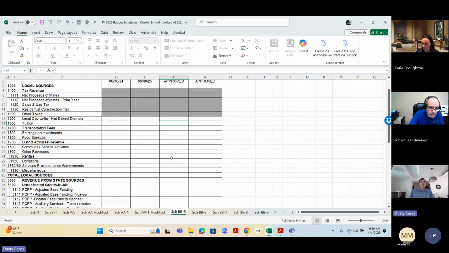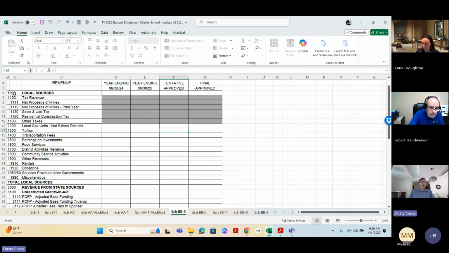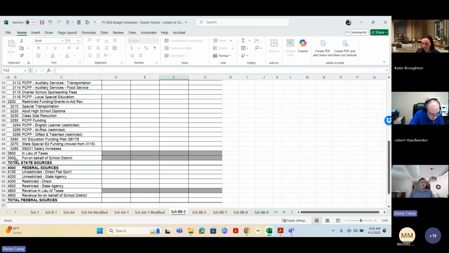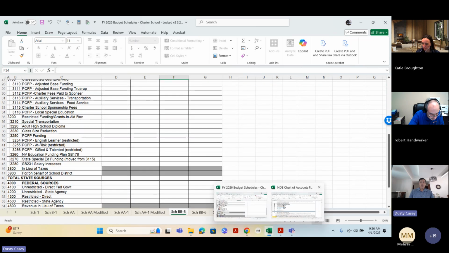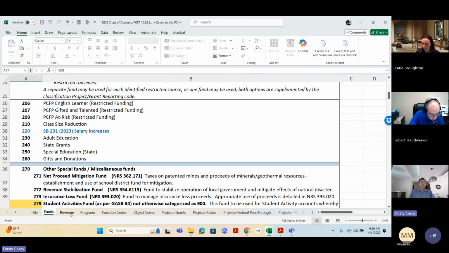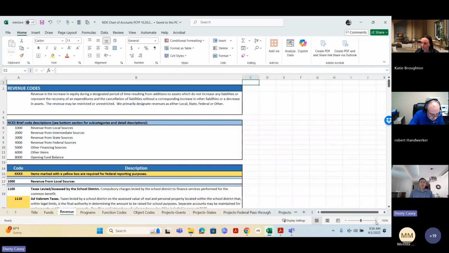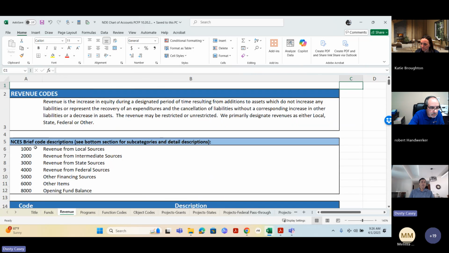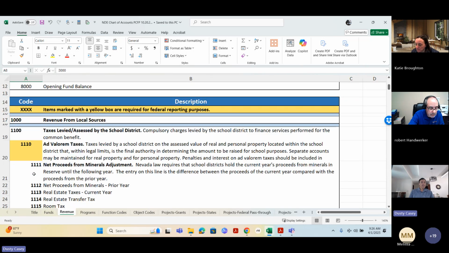All right. So this is by revenue code on the left. Everybody should be familiar with that, but if not, I'll just quickly show you on the NDE chart of accounts. If you go to the revenue tab, this is where all those codes should match, going down from 1,000 local sources, 2,000, 3,000 state sources.